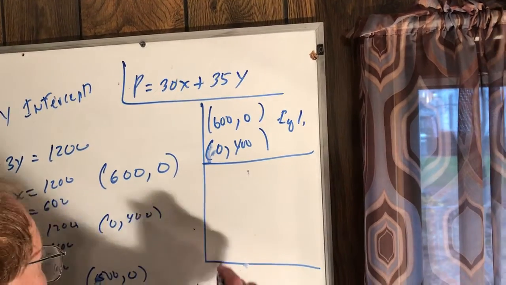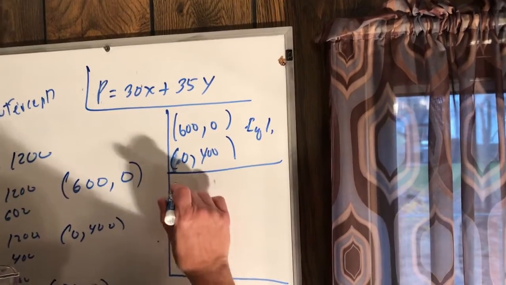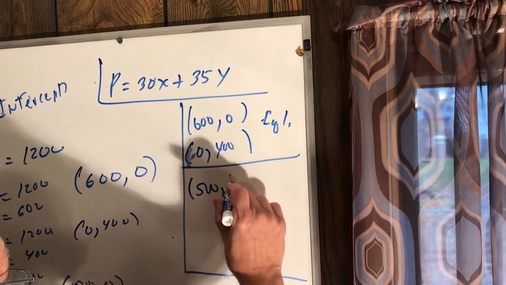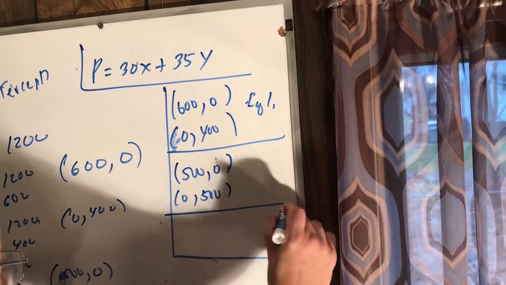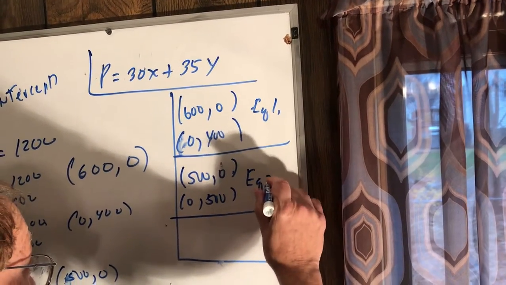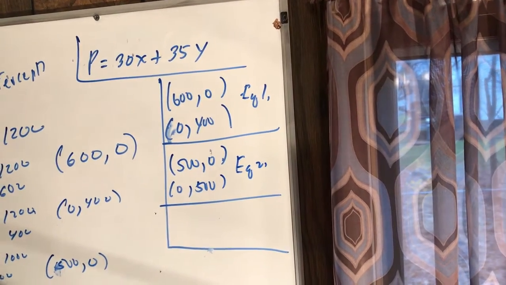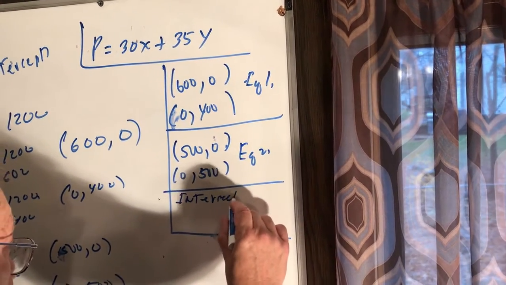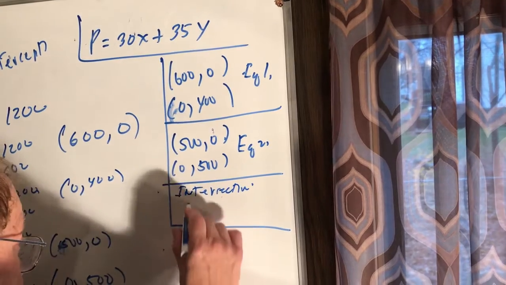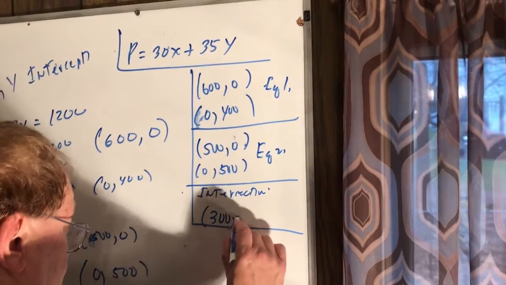No, that's 1. All right, and I have 500 and 0, and 0 and 500. That's the line equation 2. And as an intersection point, I have 300 and 200.